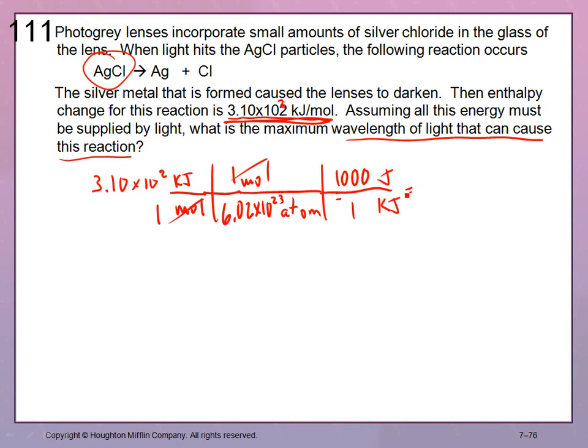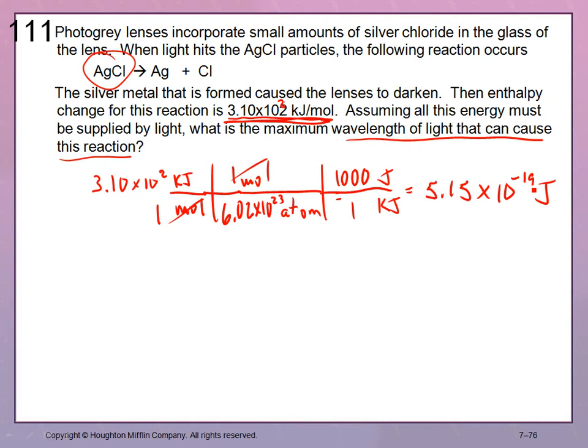And so putting that all into my calculator, I'm going to get 5.15 times 10 to the negative 19 joules. Now that's the energy required to convert 1 silver ion to 1 silver atom in this particular reaction.